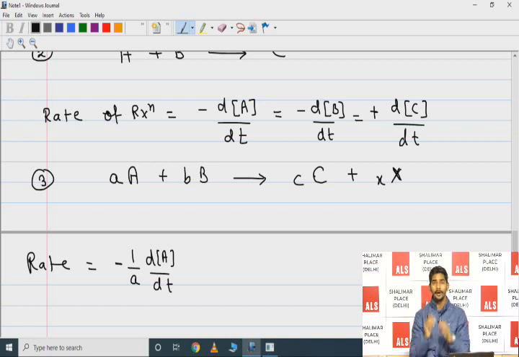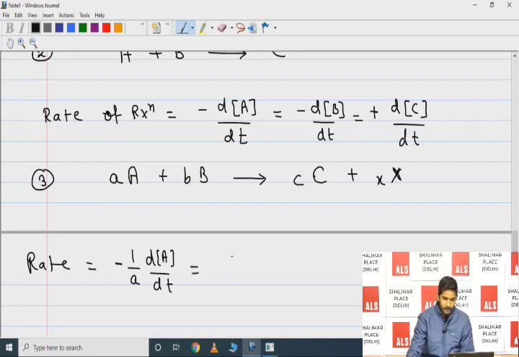So I have to keep the proportions exactly the same. I'm just converting it, that's it. And for that conversion, we have to simply reciprocate the coefficient given to us. Here the coefficient of A was small a, so I simply make it 1 by a.